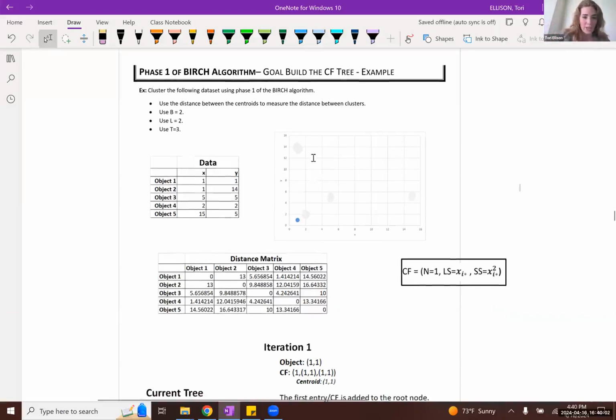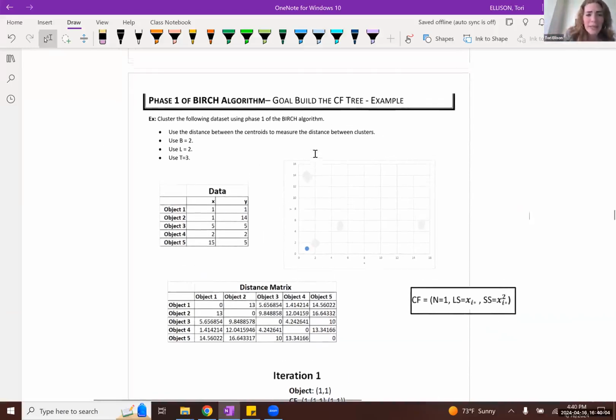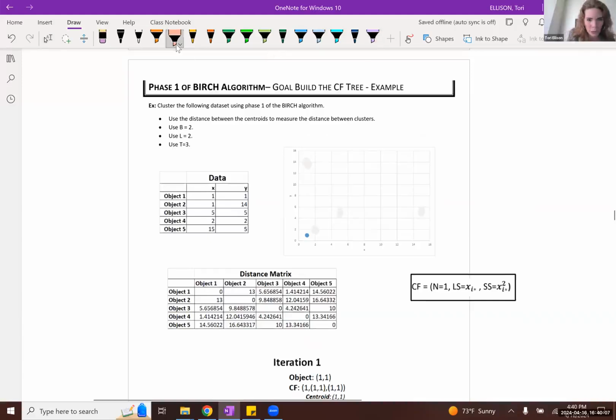But let's say we'd like to build our initial CF tree, in which we're stipulating that our non-leaf nodes are not allowed to have any more than 2 CF entries, and our leaf nodes are not allowed to have any more than 2 CF entries. Furthermore, let's use the diameter to measure subcluster cohesion.